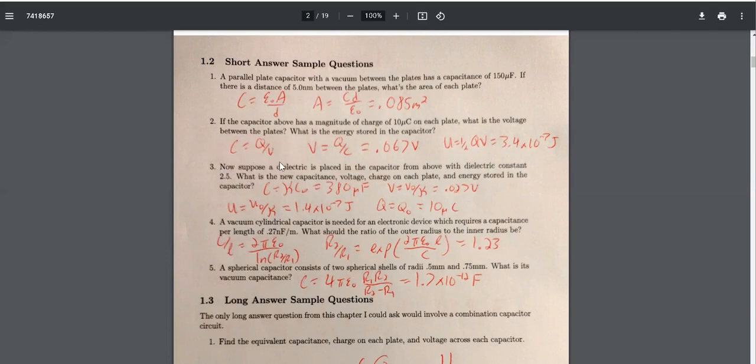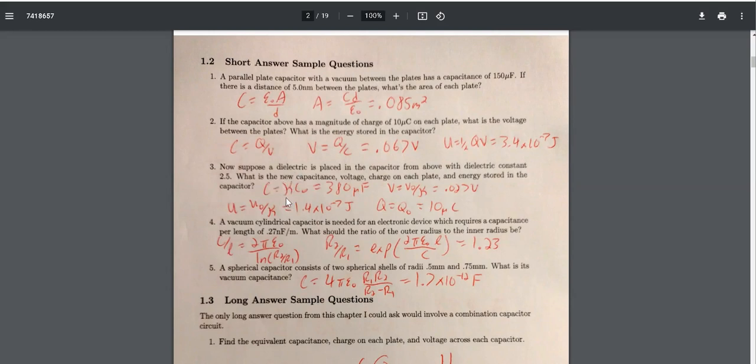Now, number 3 here talks about a dielectric. So remember, whenever we put a dielectric between the plates, different quantities are changed in different ways. So the capacitance increases. This C naught, this is the capacitance if we had a vacuum. And we multiply by the dielectric constant. So this depends on what material that we put between the plates.